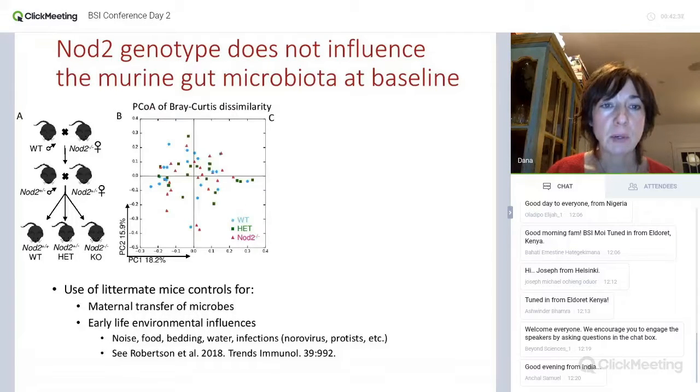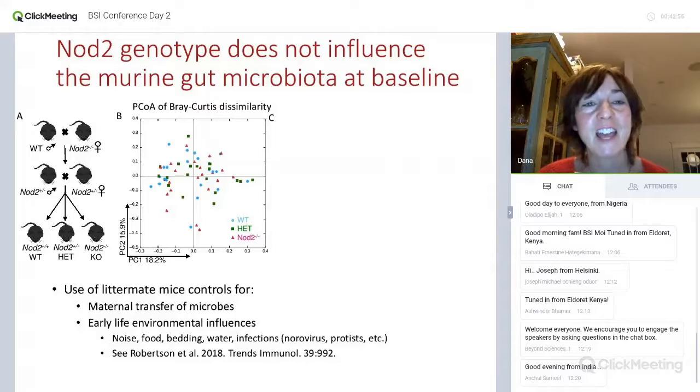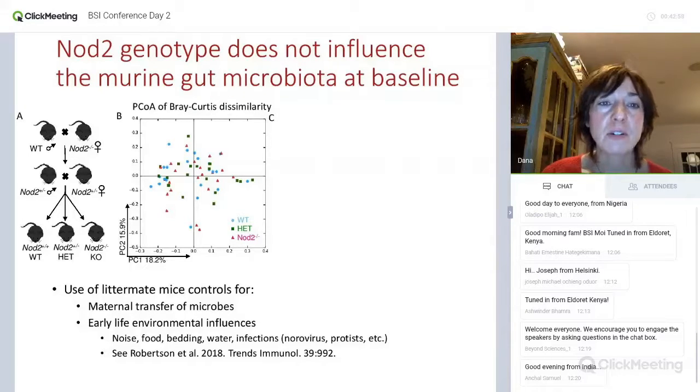Using that approach, we did 16S rRNA sequencing of the gut composition from these different genotypes. We used principal coordinates analysis, and in this case the Bray-Curtis dissimilarity test, which is a measure of similarity among different groups.